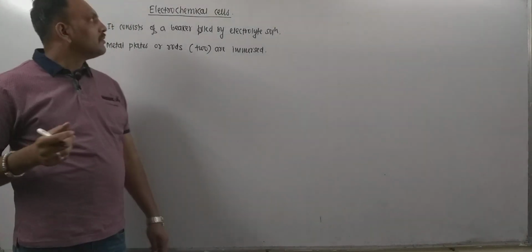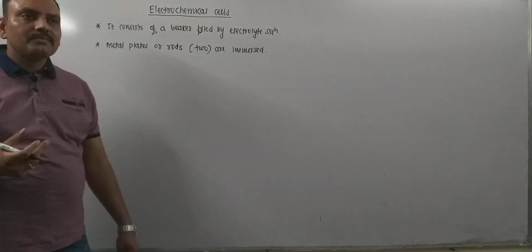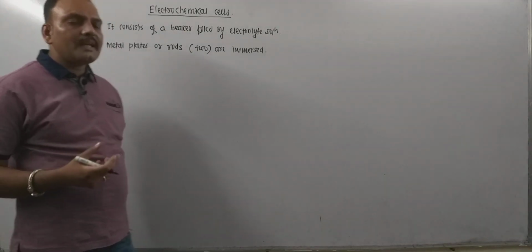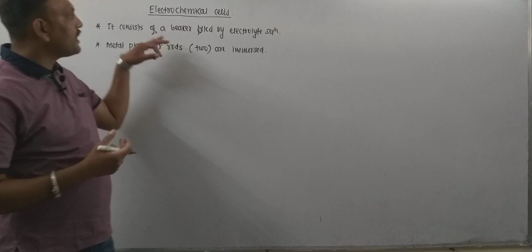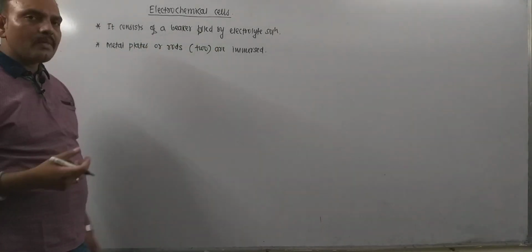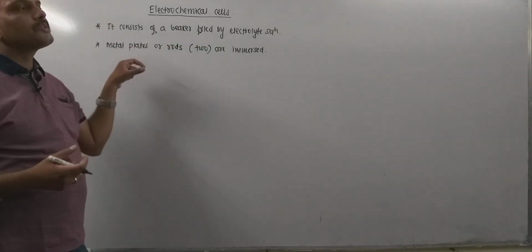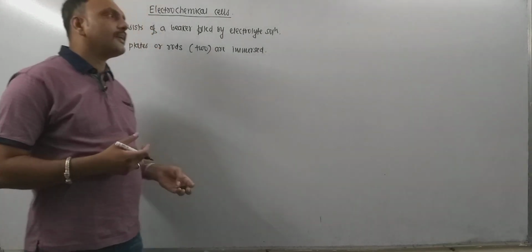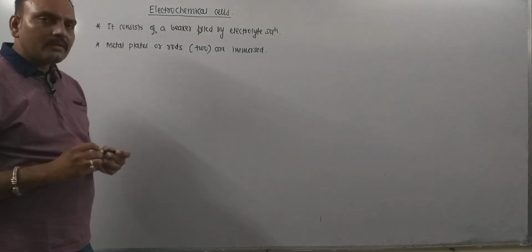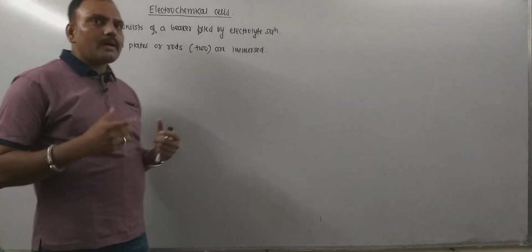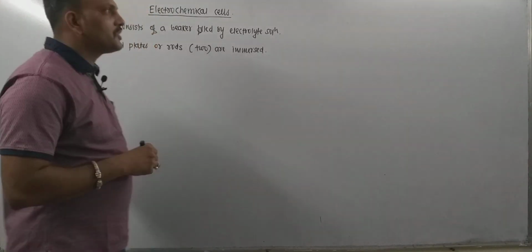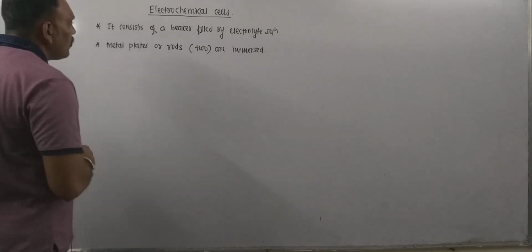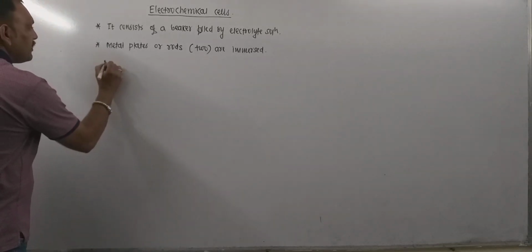Now, an electrochemical cell is a device which consists of a beaker filled by electrolyte solution, and we need to immerse conducting materials like metal plates or rods in that electrolyte solution. So, as far as conduction is concerned, we need conducting material.